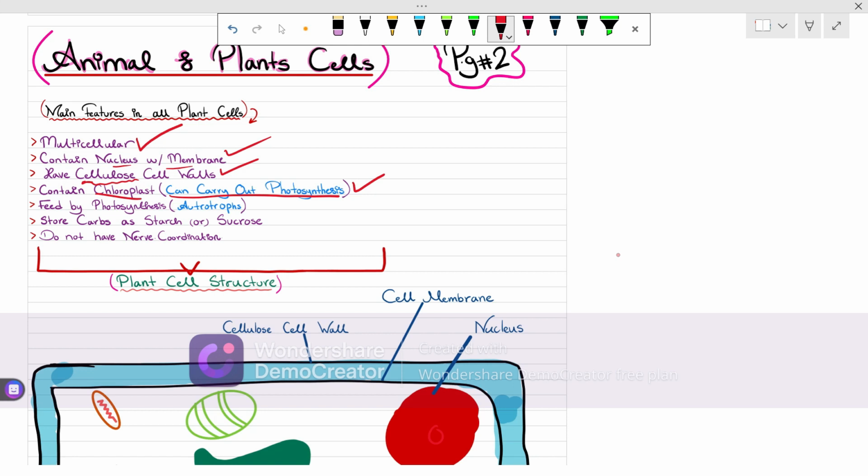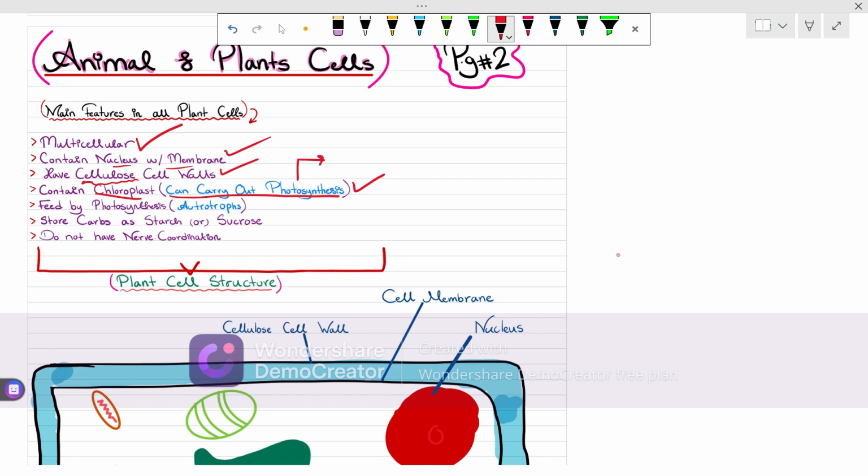light energy or solar energy and converts it into chemical energy for photosynthesis by using water and carbon dioxide as the raw materials to produce glucose and oxygen.